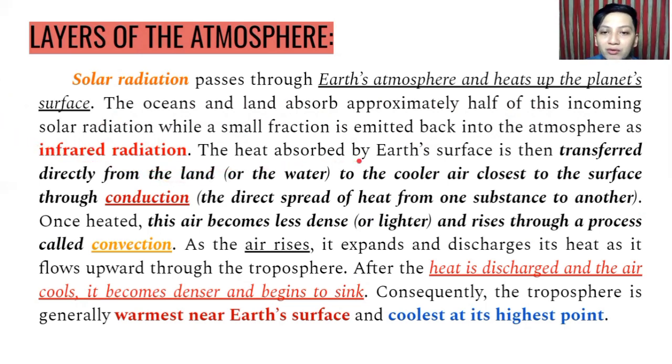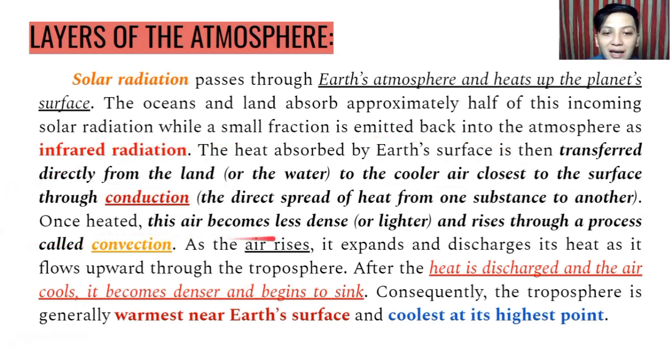The heat absorbed by Earth's surface is then transferred directly from the land or the water to the cooler air closest to the surface through conduction. The direct spread of heat from one substance to another. You remember that heat transfer, right? Last quarter, we tackled conduction, convection, and radiation.